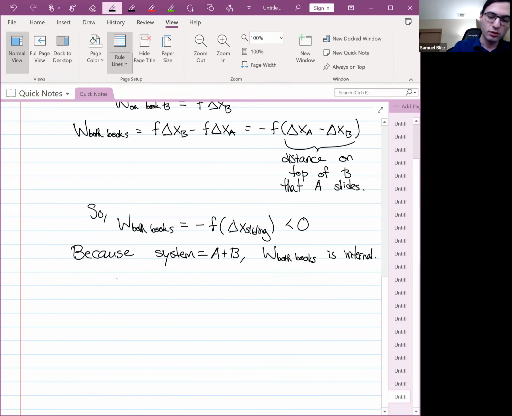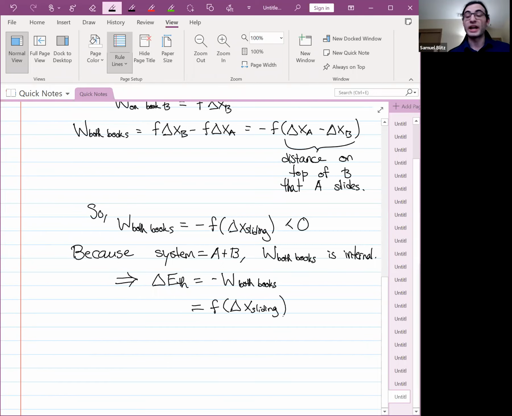And so that means that we have the change in E thermal is equal to negative the work done on both books, which is just F delta X sliding.